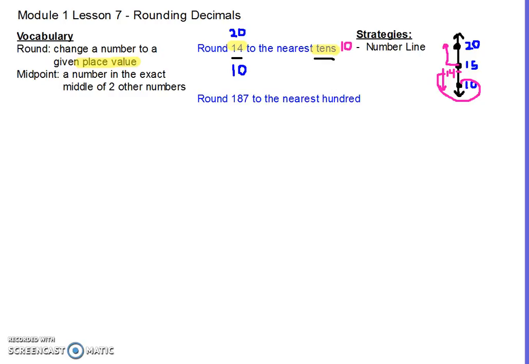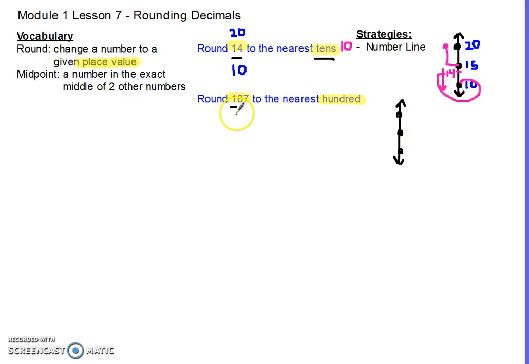So let's look at this number like we did in class and round 187 to the nearest hundred. In this case, because we're rounding to the hundred, we're going to be looking at a different number, and we're going to be looking at what numbers are in the hundred spot. So let's draw our number line. We have our bottom point down here and our top point above, and then we're also going to need our midpoint.